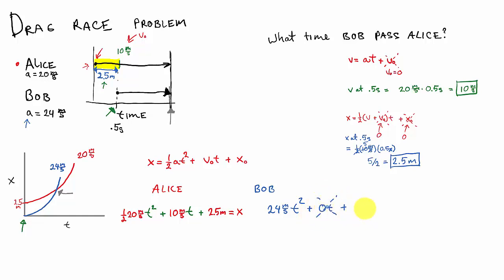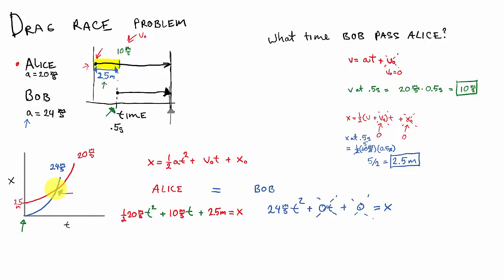Plus, he is starting at completely 0 here as well. So, 0, which falls out as well. And that is also equal to x. So let's just set Bob and Alice equal to each other at this point, which they should be.